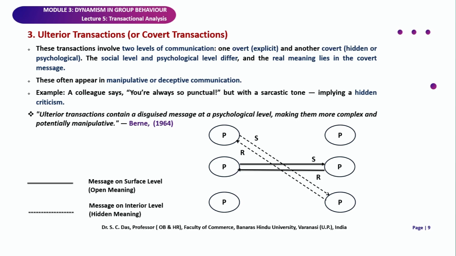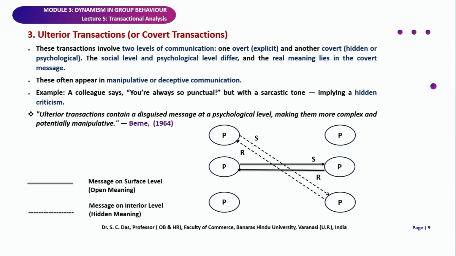Could you imagine what kind of behavior it is, basically? You are always punctual, that means you are giving some kind of comment actually. It is not flattering remarks, it is not some kind of recognition. That means you use this dialogue in a different way. Ulterior transactions, covert transactions, mean the intention is somewhat different.